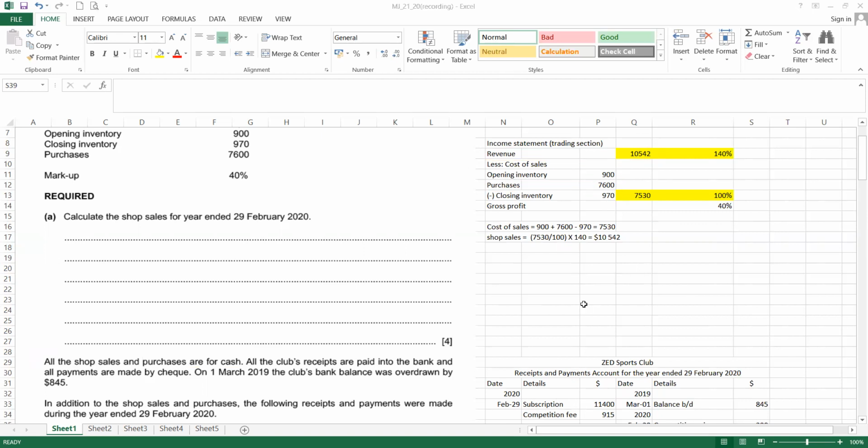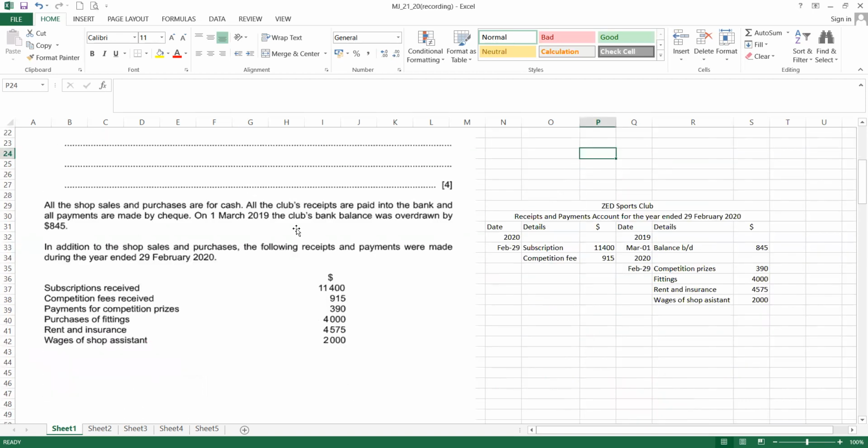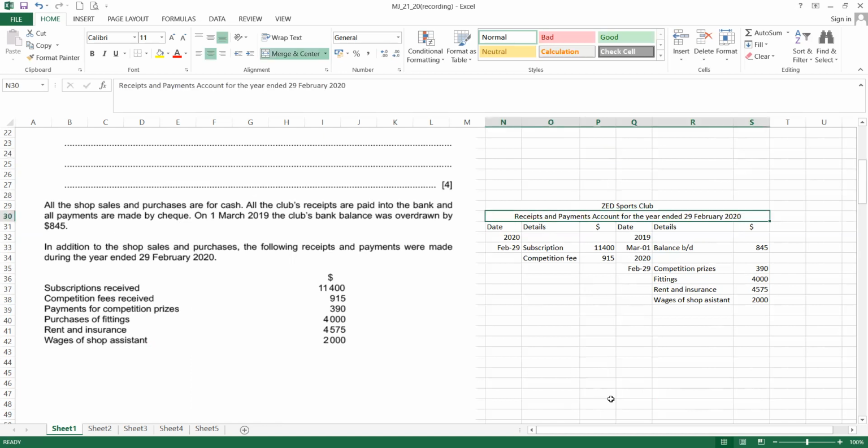Why, in here, is the question saying that the club payment... First, they say that all the club receipts are paid into the bank, and all payments are made by check. But here they put cash. Here they say bank, because the receipt and payment account is cash and bank, so both are put in together.